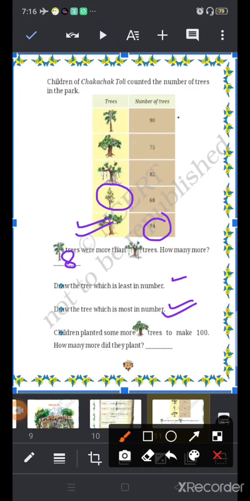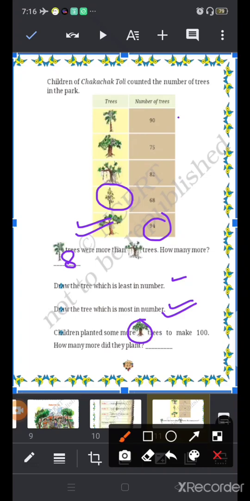Okay. Now the last one is, children planted some more trees to make 100. Children planted some more of these type of trees to make 100. Okay. So how many more did they plant? How will you find? Yes, you will subtract.